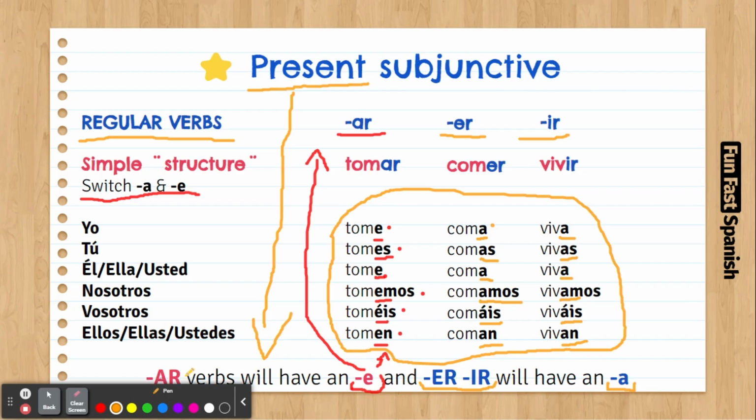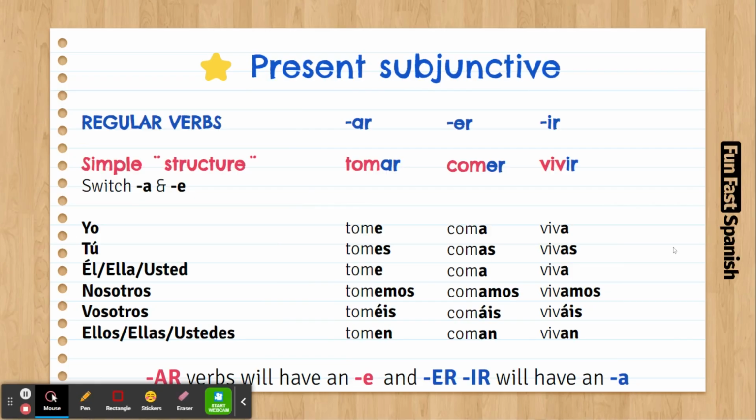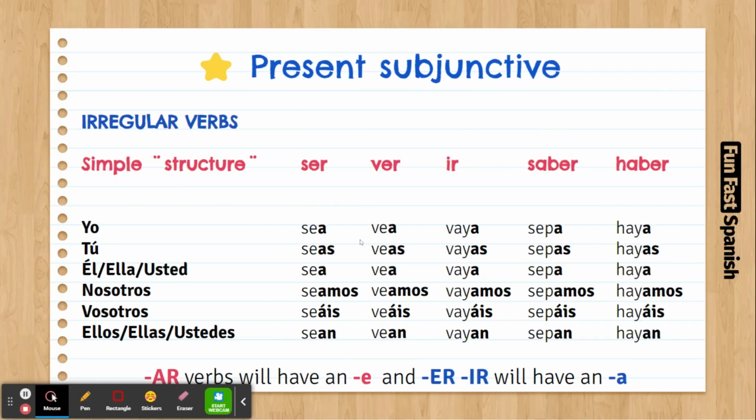You just do the switch: for AR verbs the E, for ER or IR verbs you put an A. That's it. Now, if you're going to do irregulars, then you have to learn the irregulars first. The irregular verbs we have here are ser, ver, ir, saber, and haber. And these are the conjugations in subjunctive.